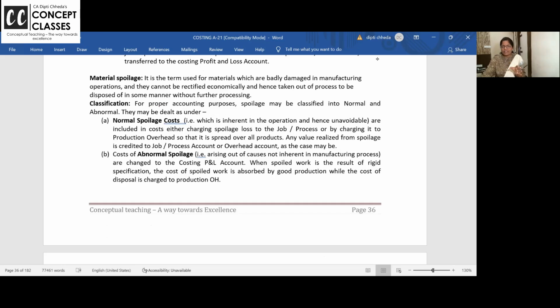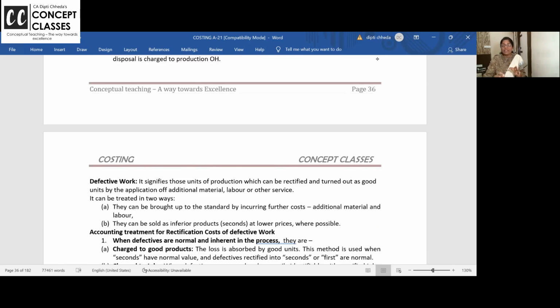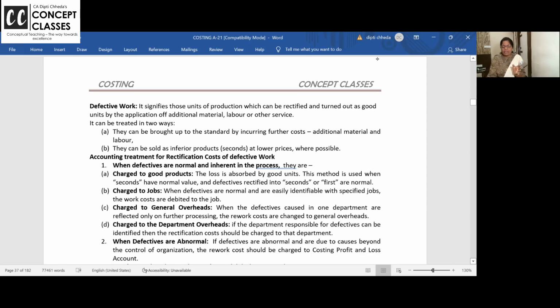Generally the answer for all this spoilage and defective work is: if it is normal, charge it to good units. If this defective work is because of some job or some department, charge it to that job or department. Or generally, if defectives happen regularly, say 10%, charge it to general overhead.